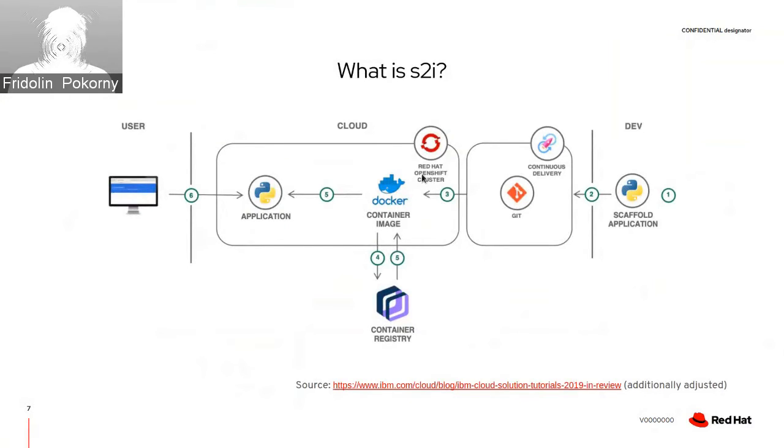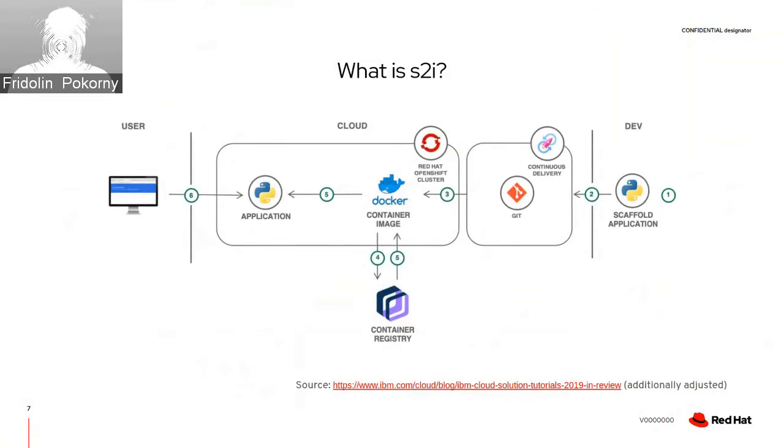This build process runs inside an OpenShift cluster, and it results in a container image that is subsequently pushed into a container registry, which can be, for example, OpenShift's internal container registry. Then you can deploy your application, or it can be deployed based on triggers.